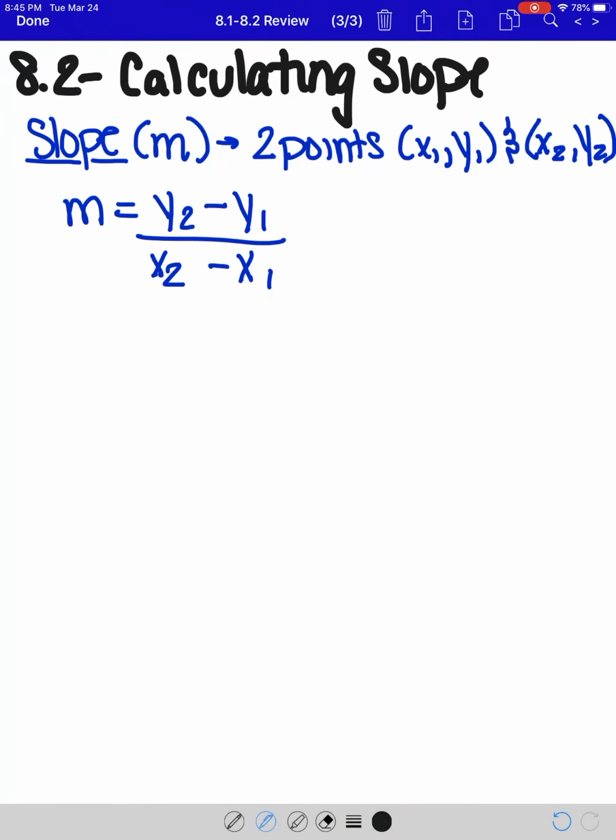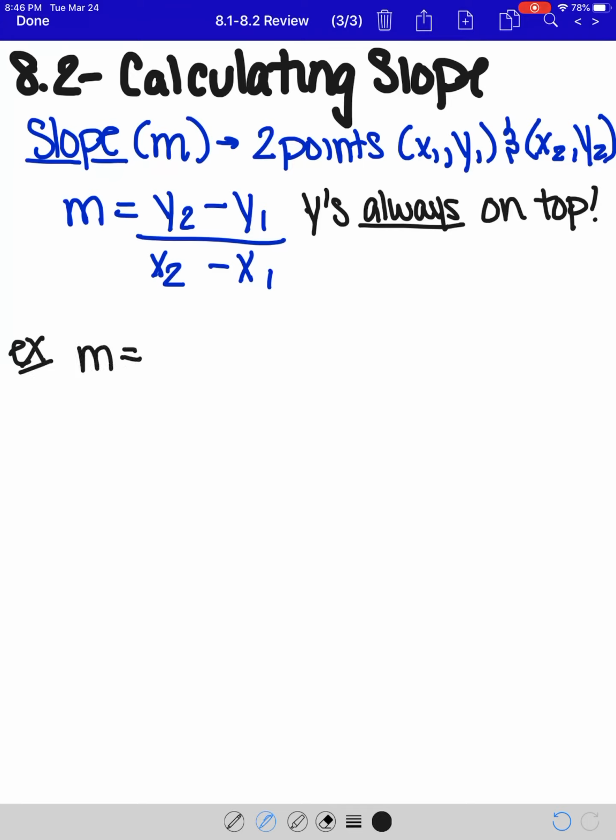Be careful when you do slope that the y's are on top. Y's are always on top. Okay, otherwise your slope is going to be upside down and the graphs will look totally different.